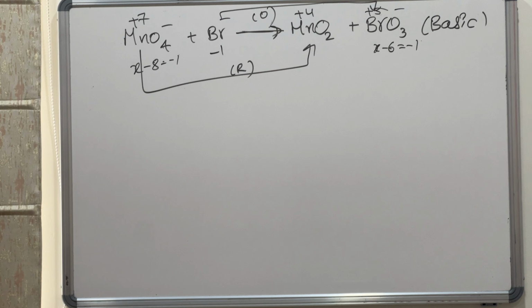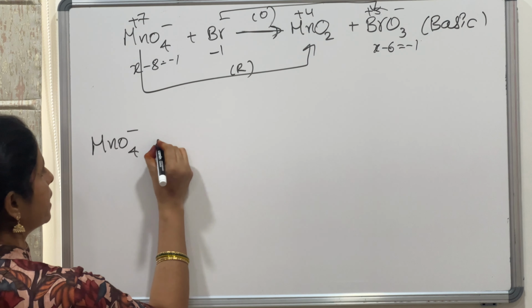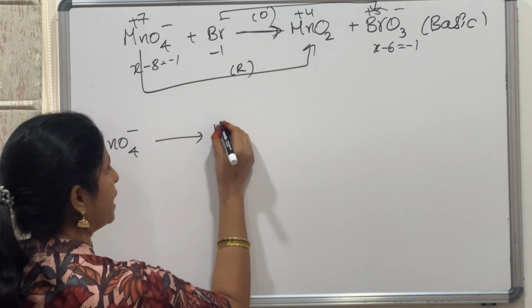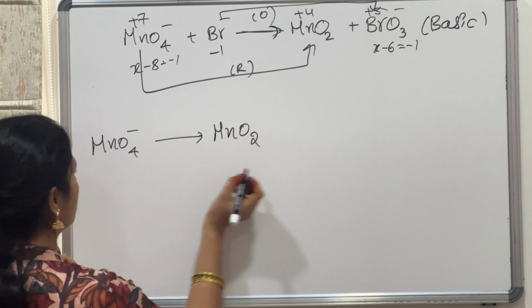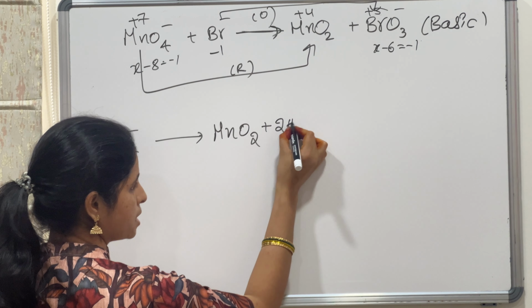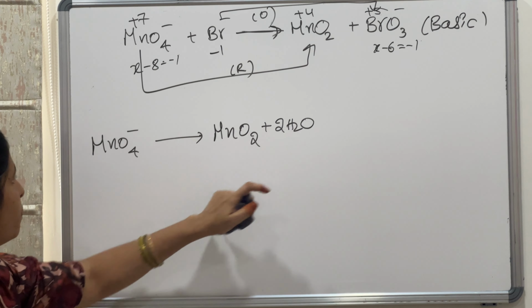oxidation. So you first write the reduction part here: MnO4 minus to MnO2. To balance the oxygens, you need to write water molecules, so 2H2O.